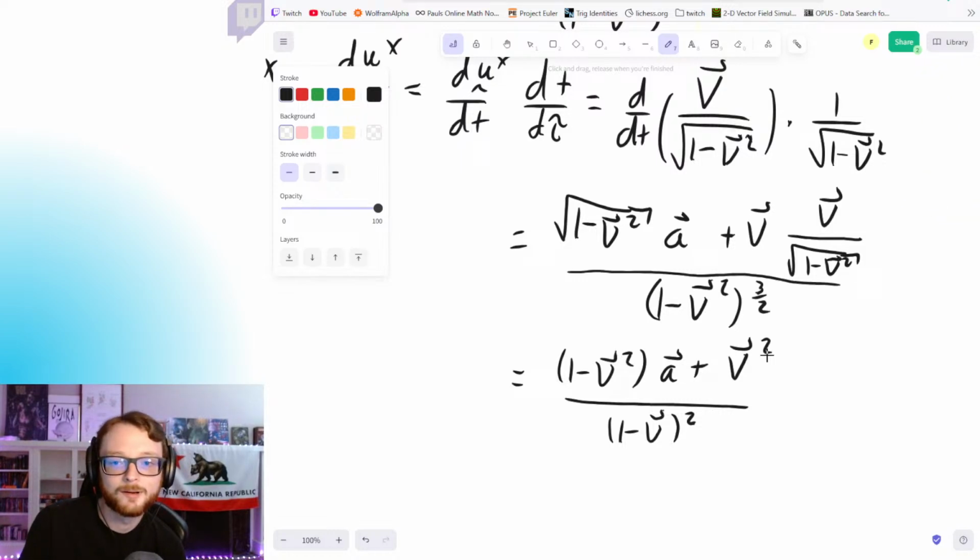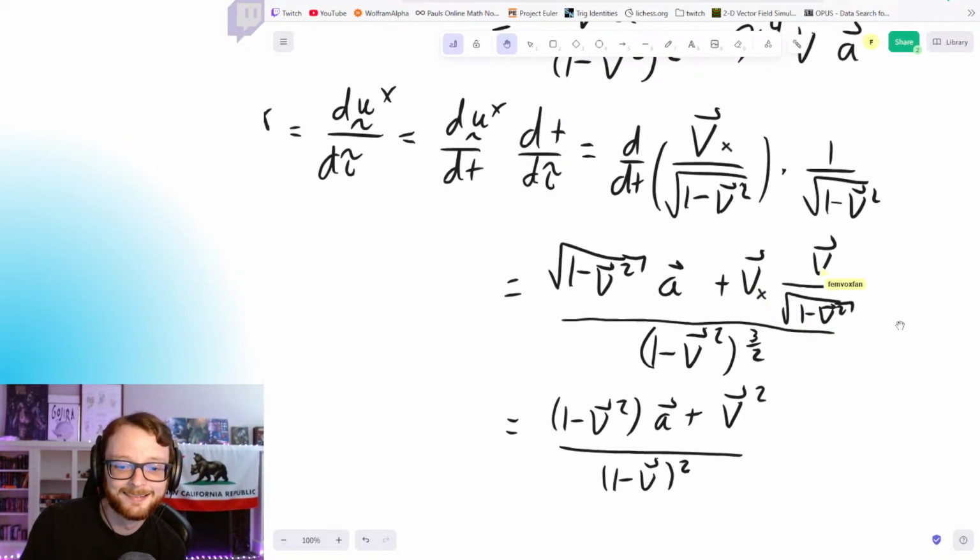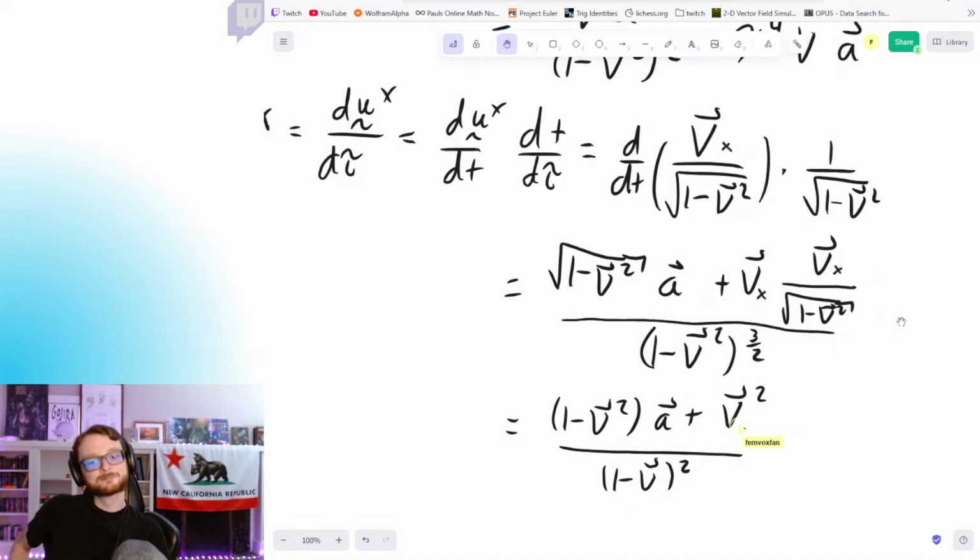Can I put the X's back? Wait a second, let me think. What if you, let me just try something here. What about this A here? Shouldn't this be AX? This would be a component of A. Yeah, that should be it.